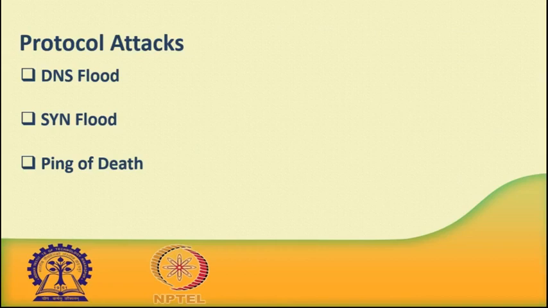The attack magnitude is measured in packets per second. There are different types of protocol attack, like DNS flood. DNS floods are used to attack both the infrastructure and the DNS application to overwhelm a target system and consume all its available network bandwidth.